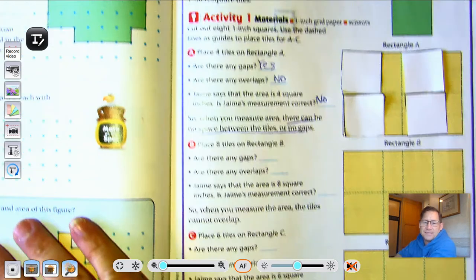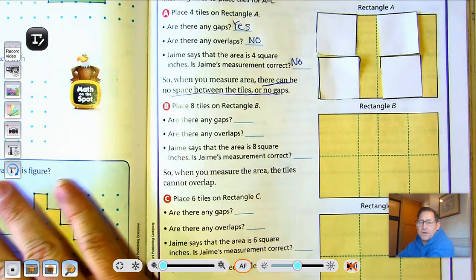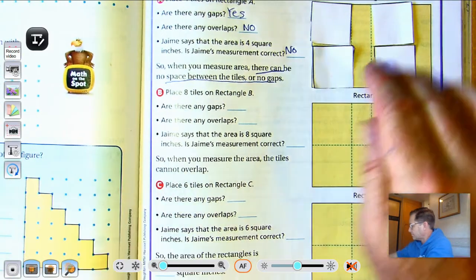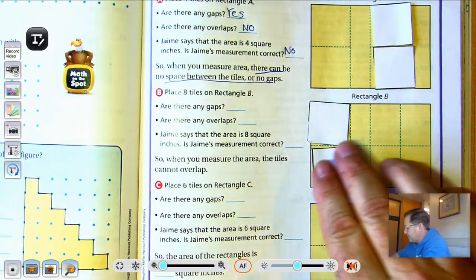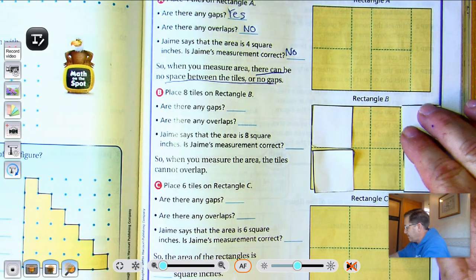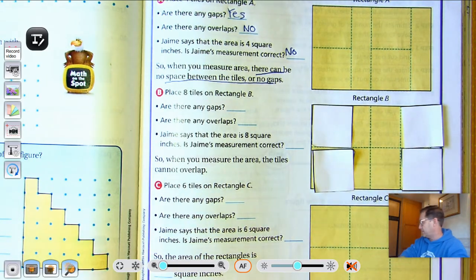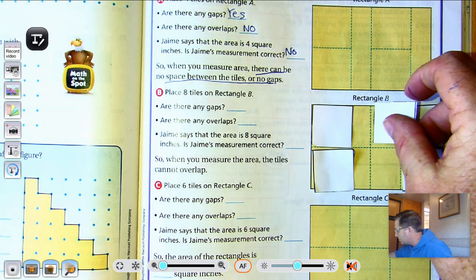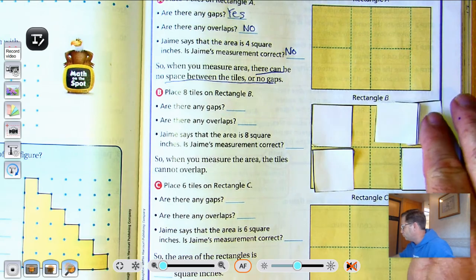All right, now it says place 8 tiles on rectangle B. Again, we'll move those down. Okay. We'll put 2 there. They want us to put 8, huh?